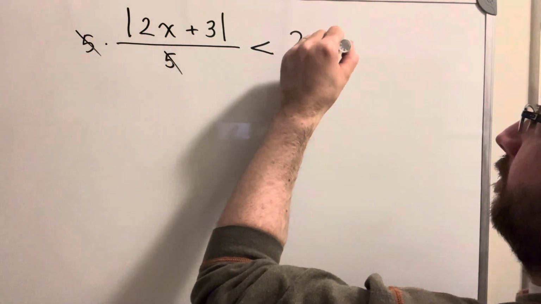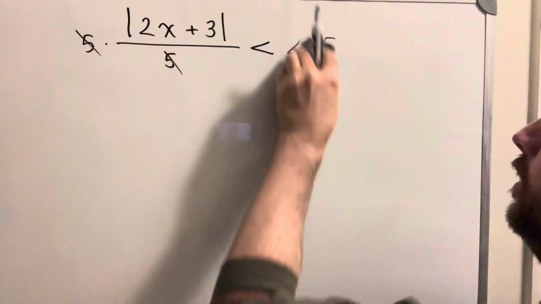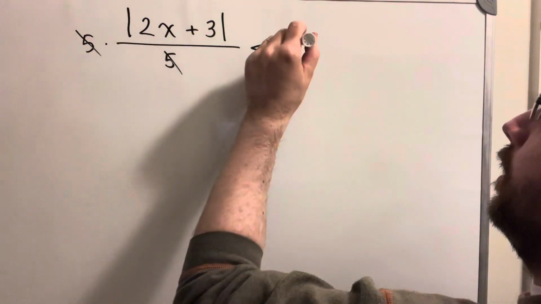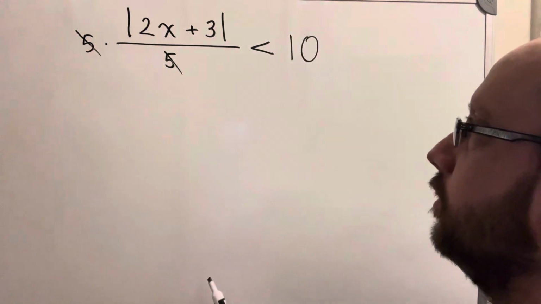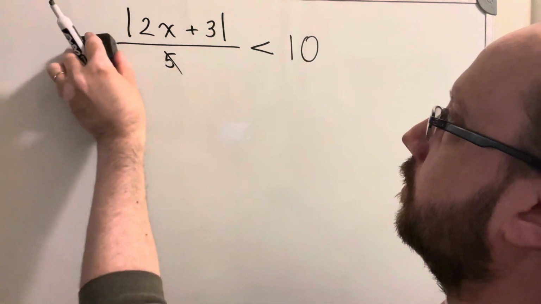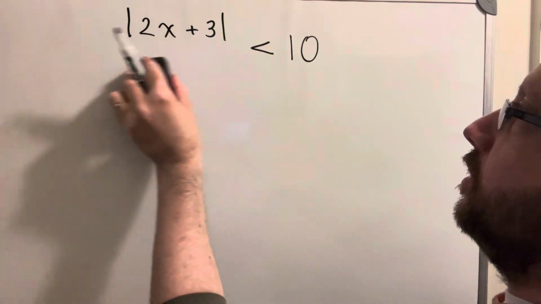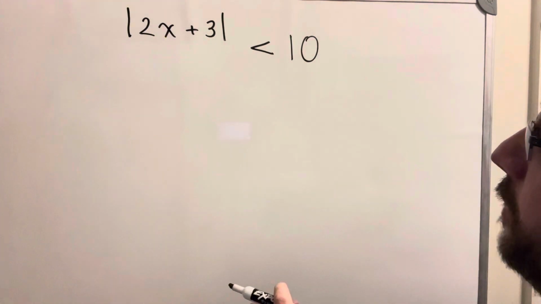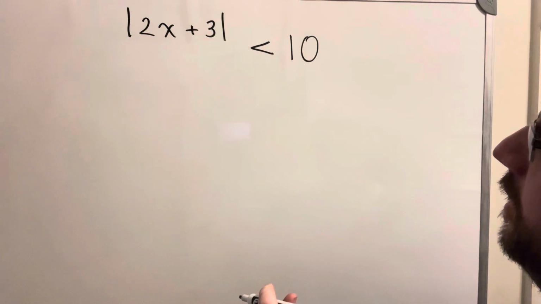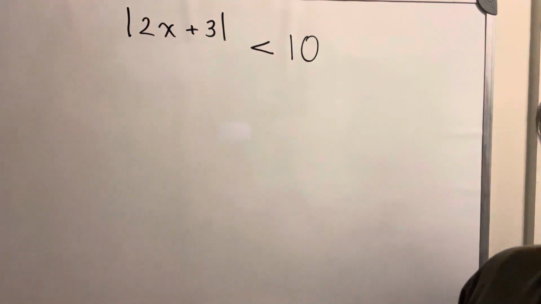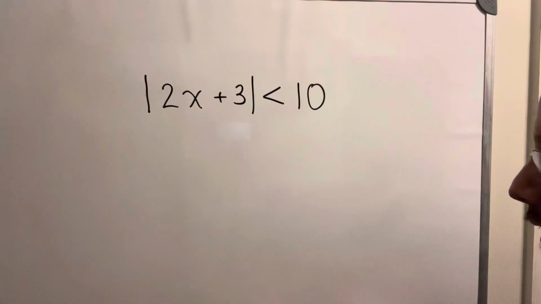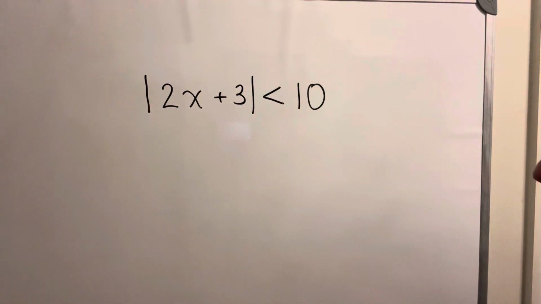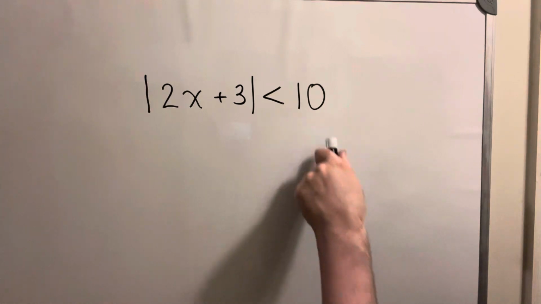2 times 5 is 10. So now you have the absolute value of 2x plus 3 is less than 10. So now we have an absolute value expression is less than some non-negative number, 10.